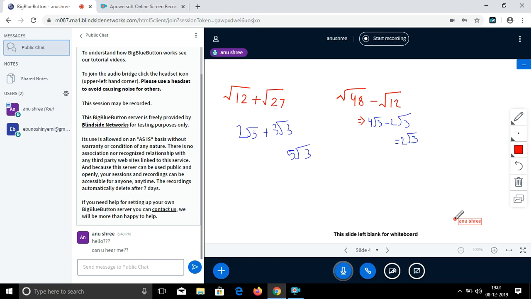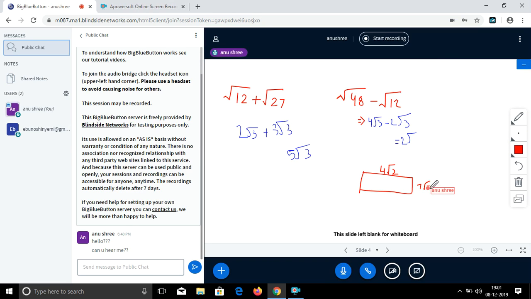Yes, that's good. Now there is a rectangle given, and this side is given as 4 root 2, and this is given as 7 root 3.